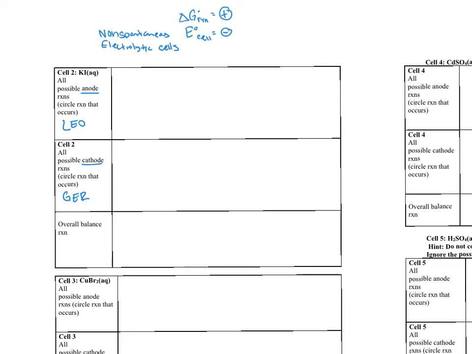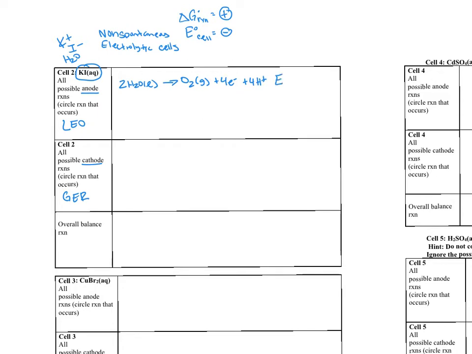In cell 2, which is the example I'm showing you, KI aqueous. So in my beaker, I've got potassium cation, iodide anion, and water. For electrolysis of aqueous solutions, water is always a possible reaction. So for every single cell in part 2, you're going to write out your possible anode reaction for water, which is the oxidation of water: 2H2O forming O2 gas, plus 4 electrons, plus 4 H plus.